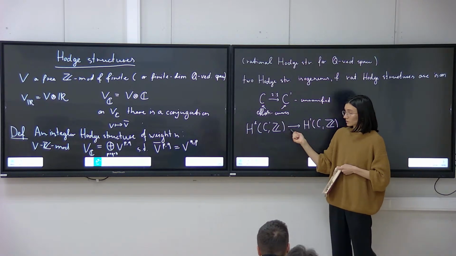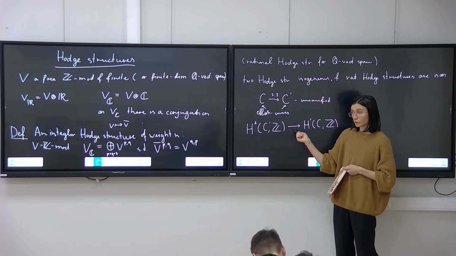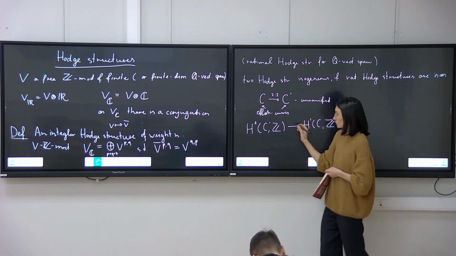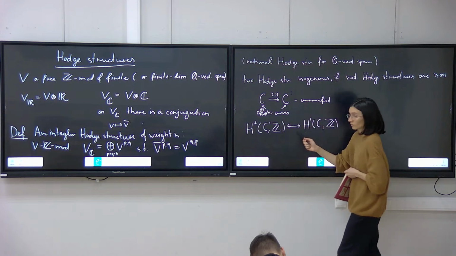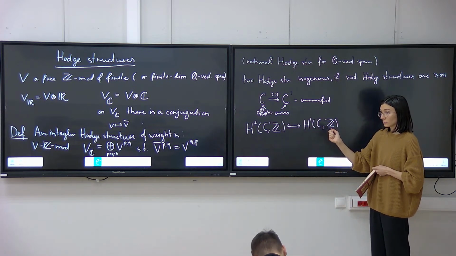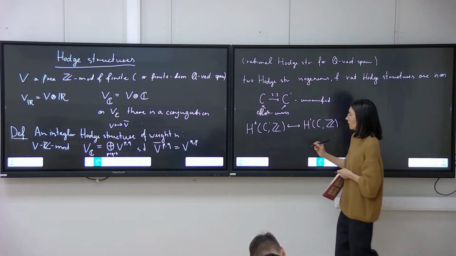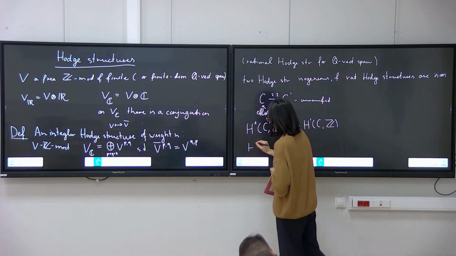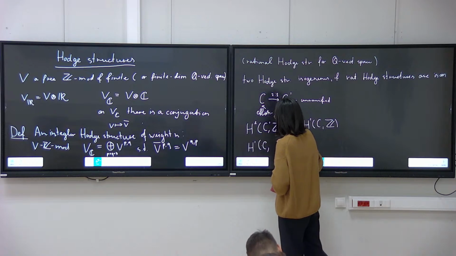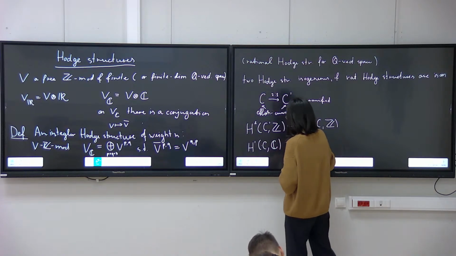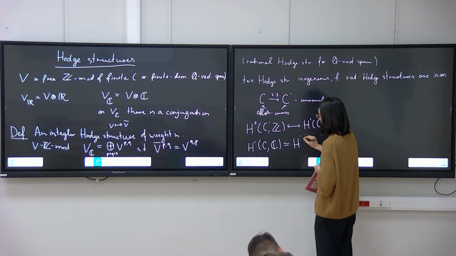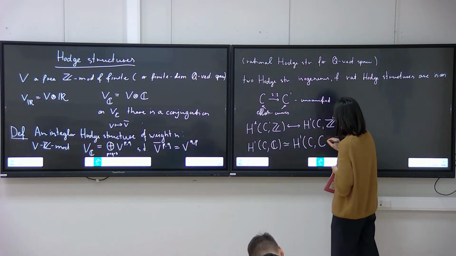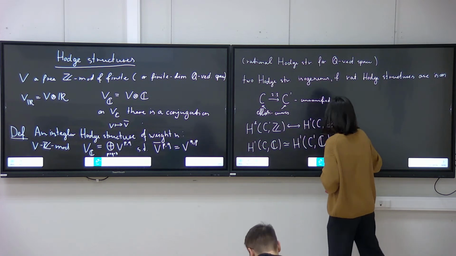Then for a double covering, this will be an embedding of index 2, right? But it's easy to see that their induced Hodge structures are isomorphic in this case.